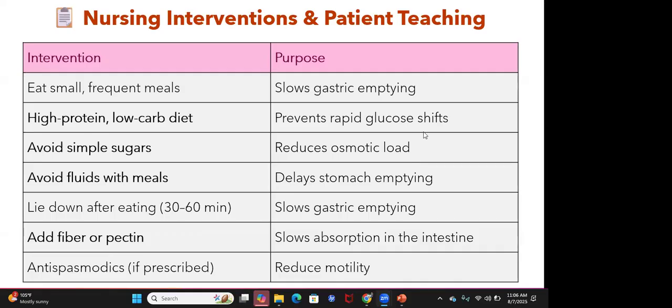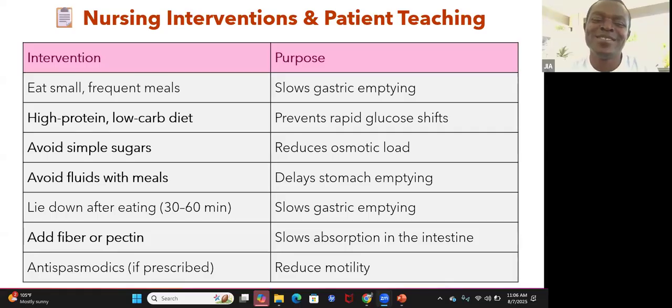Lying down after eating. So you said 30 to 60 minutes. Do you lie down immediately after eating for 30 to 60 minutes? Yes, because of your condition. If you want to sit upright small before, okay, so we see NCLEX can be very funny. They can trick you. This person, what is happening is different from every other person.